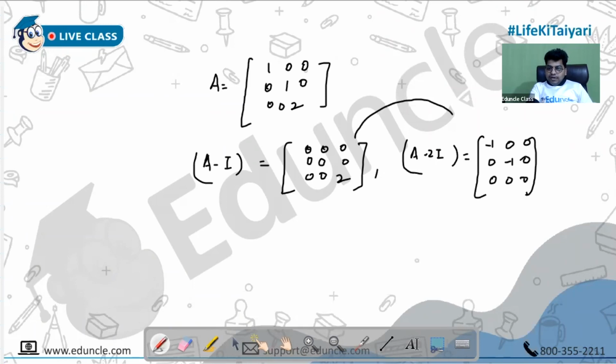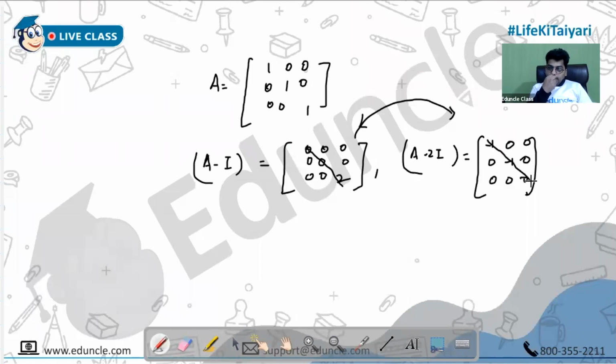So if you multiply this and this, yes or no? Yes. Then what will you get? This is a diagonal and this is a diagonal.